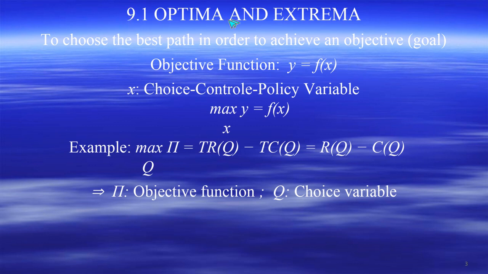So 9.1, the first topic, is optima and extrema. So the best values and the extreme values. You know, there are extreme sports. When we say extreme sports, we mean those sports which are difficult to perform.